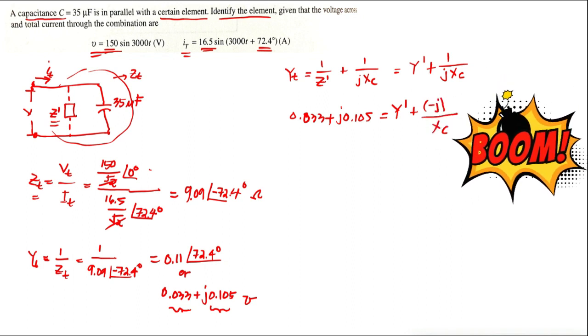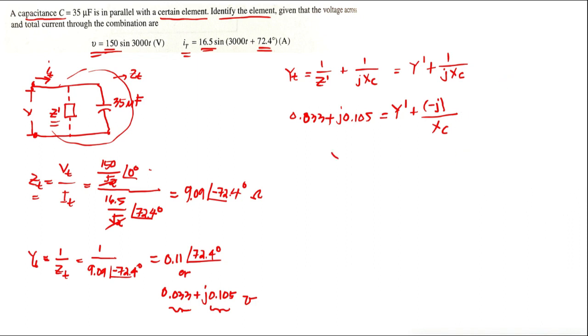Let us try to solve the value of x sub c. So what is x sub c? X sub c is equal to 1 over omega c. Actually x sub c here is a negative value since this is a capacitor. So this will be negative 1 over omega c.